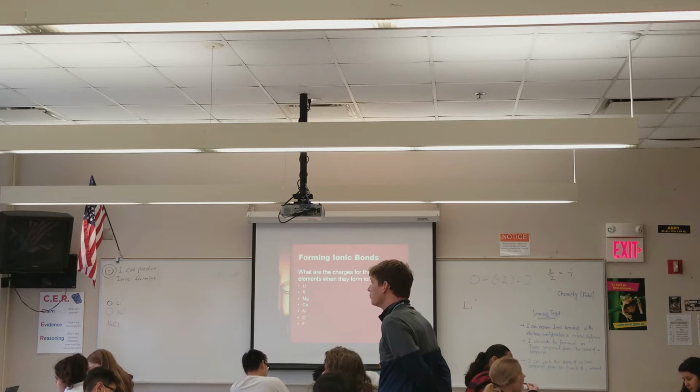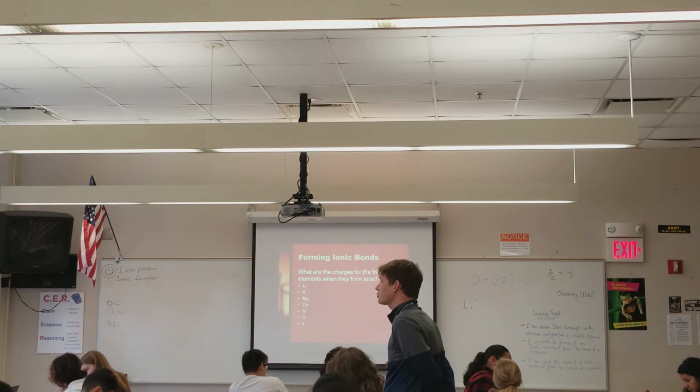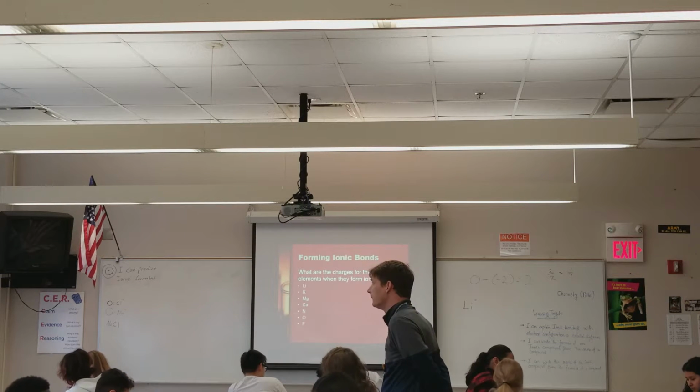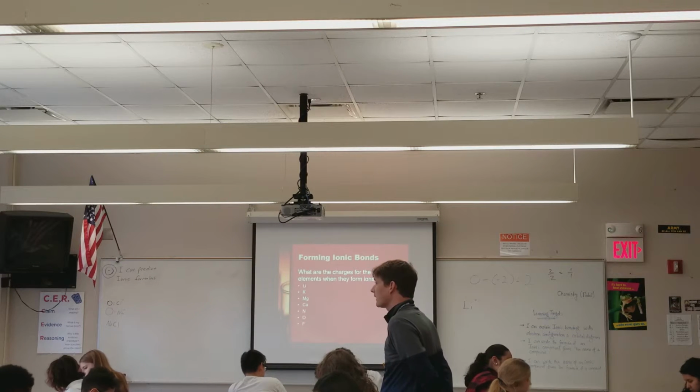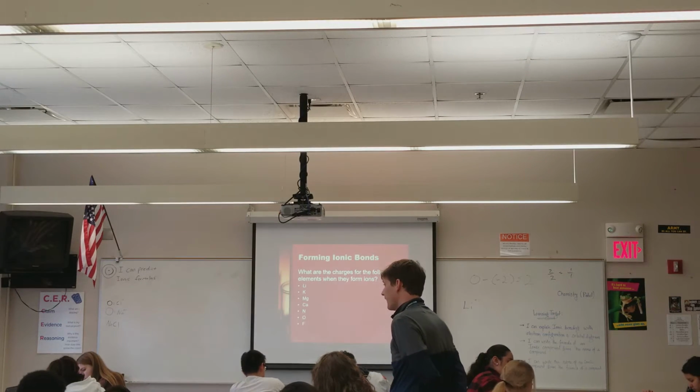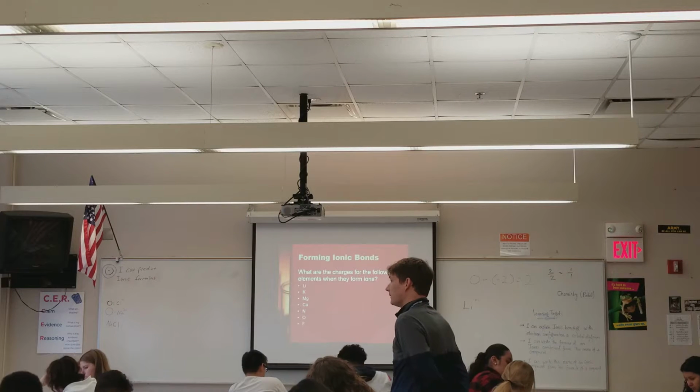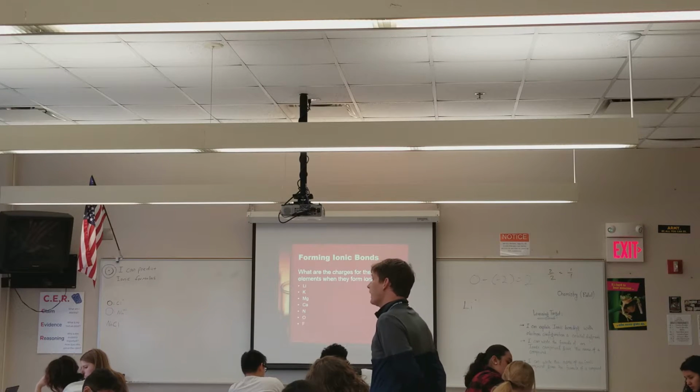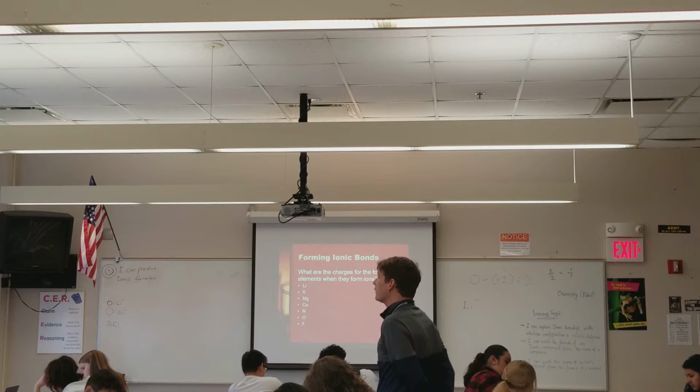Guys, if you are confused, all you are doing is looking at the charge that's written on the puzzle piece for the corresponding element that you wrote down and making sure that you wrote down the right charge. So you look at the puzzle piece for lithium, you see the puzzle piece says +1, you see that you wrote +1, and you say, aha, I am correct on lithium. Then you move on to potassium, K. Potassium says +1 on the puzzle piece, I wrote down +1, so I am correct.